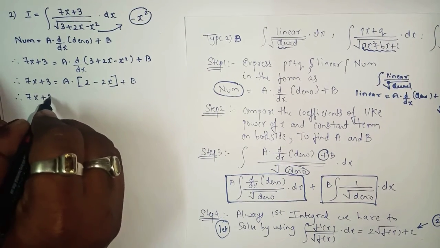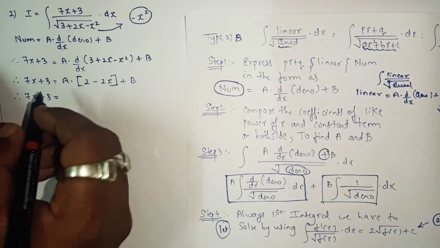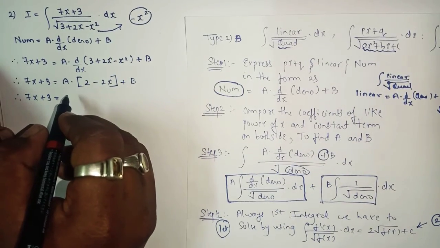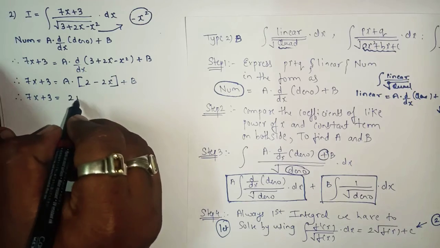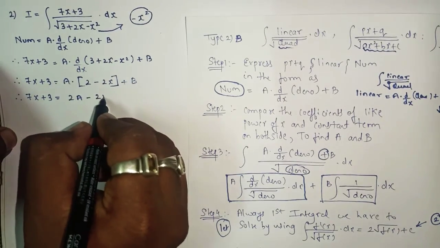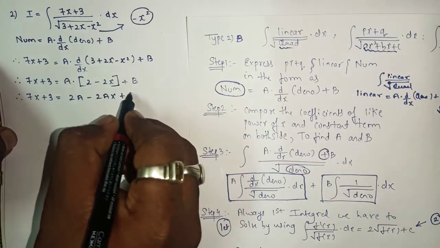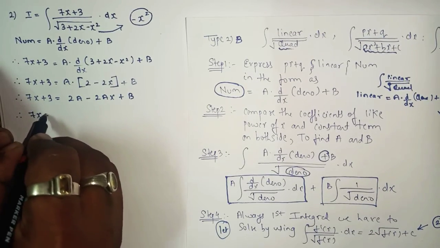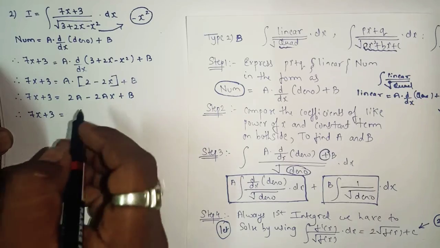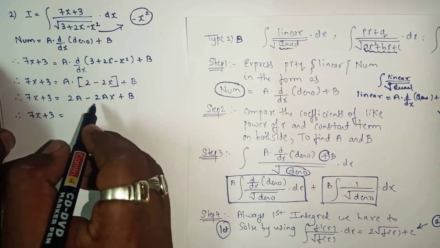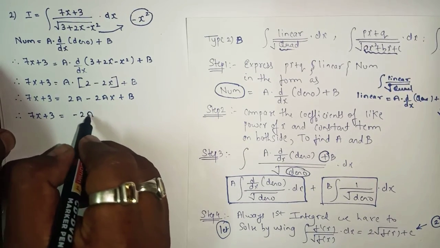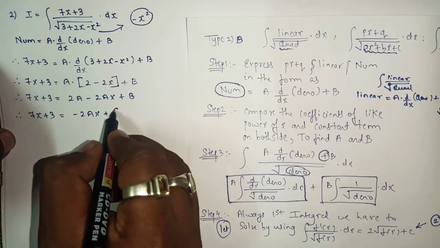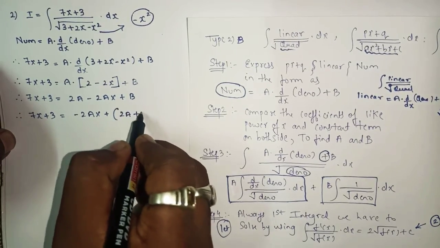7x plus 3 equals to, bracket open, so here what you will get? You will get 2a minus 2ax plus b. Therefore 7x plus 3 equals to, first we'll write the x term, and then after that we'll write the term without x.